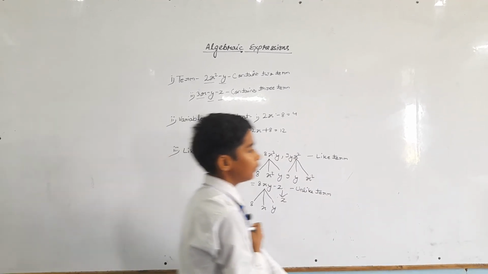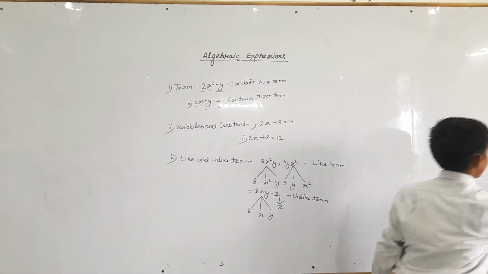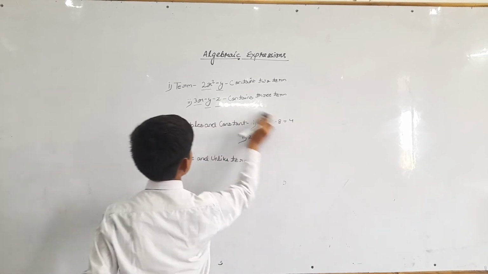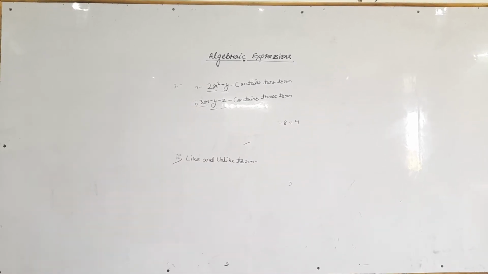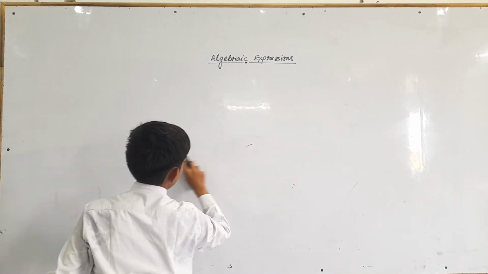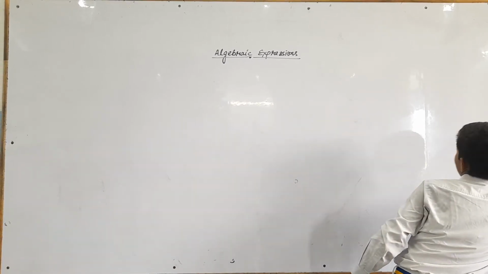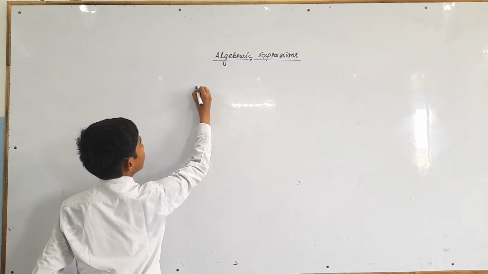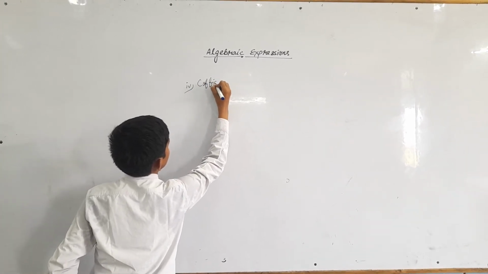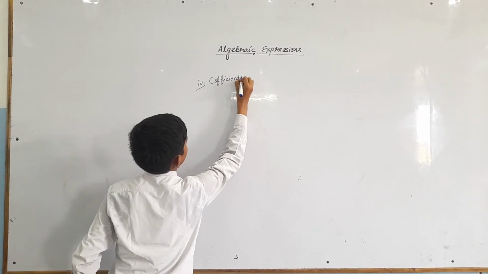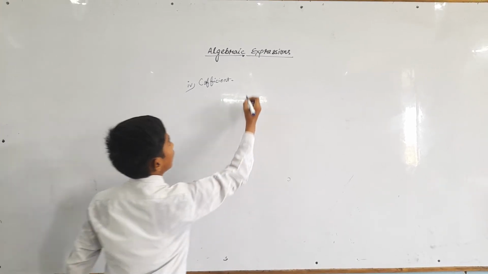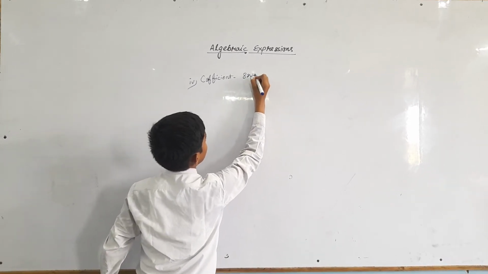Then my fourth topic is coefficient. What is a coefficient? A coefficient is a number multiplied by a variable, like 8xy.